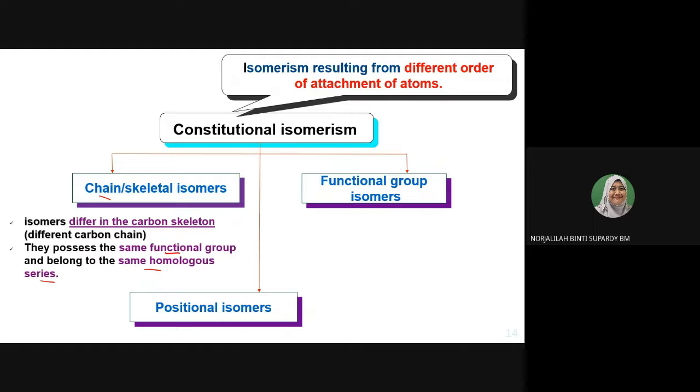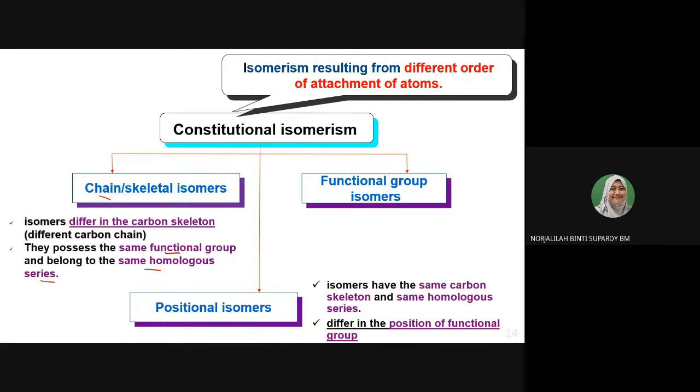So what about positional isomers? Positional isomers are two or more molecules that have the same carbon skeleton and the same homologous series or the same functional group, but the position of the functional group is different.